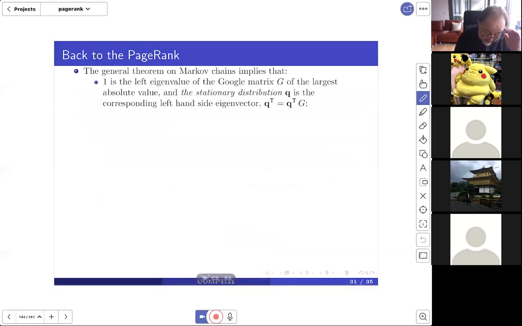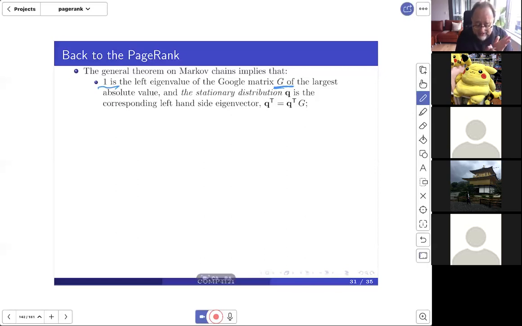So the general theorem of the Markov chains implies that indeed one is the left eigenvalue of the Google matrix G, because as we just demonstrated, G corresponds to an irreducible and aperiodic Markov chain, right? And one can show that one is in fact the largest eigenvalue.